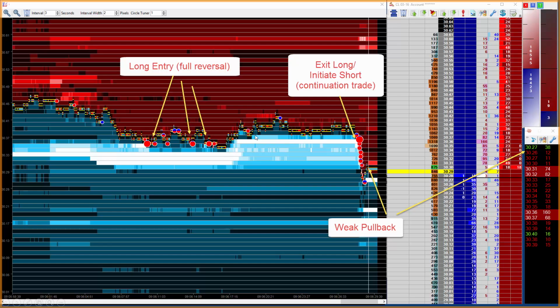Now the buy side liquidity does follow that move up, but as we move back down, we can see the large bids at 30.36 get eaten, and in a fairly rapid move down, we eat through all those bids, market collapses.